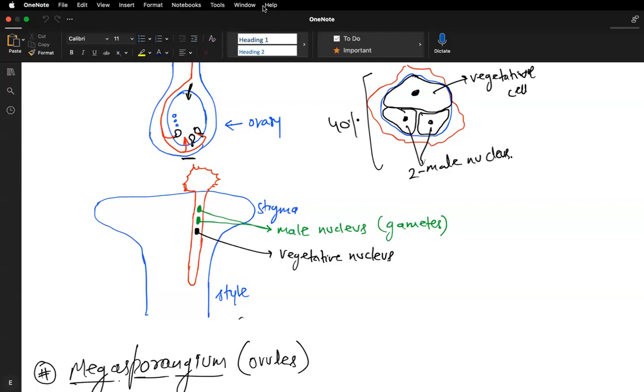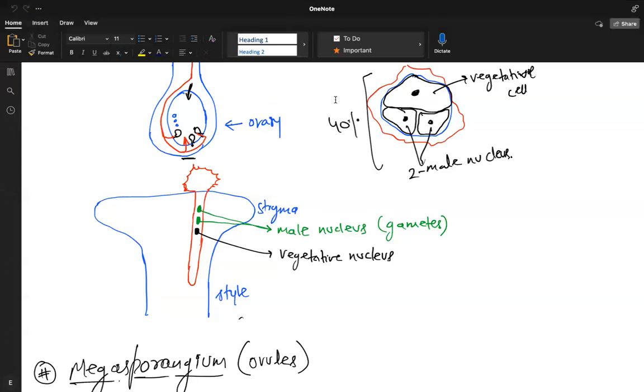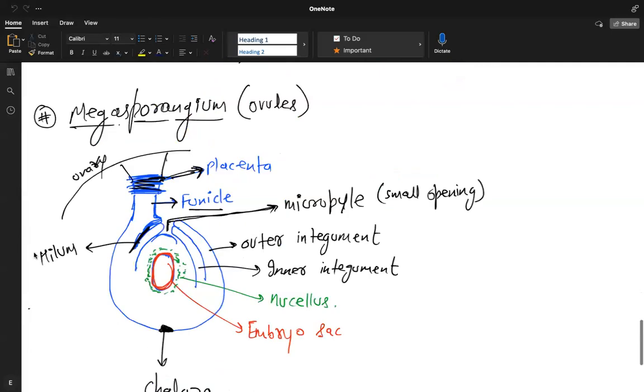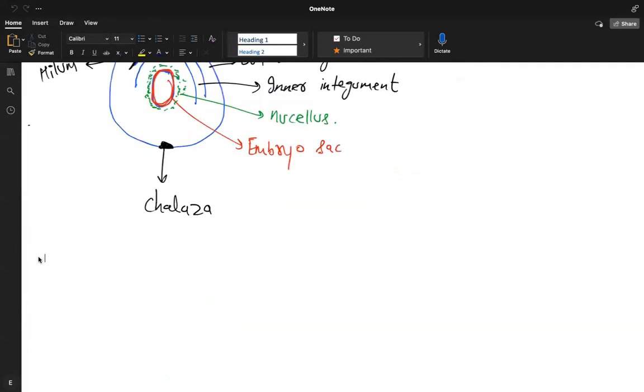Good evening, Iram. I can see Iram has joined in. Good evening, sir. So any idea why the tapetum is multinucleated and has a dense cytoplasm? This is what Aisha is asking in the chat.